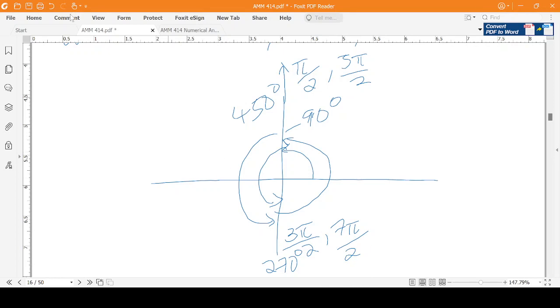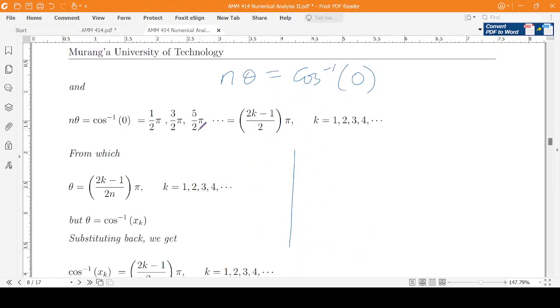So we have that n theta will be, cos inverse of 0, a half pi, 3 over 2 pi, 5 over 2 pi, and so on.